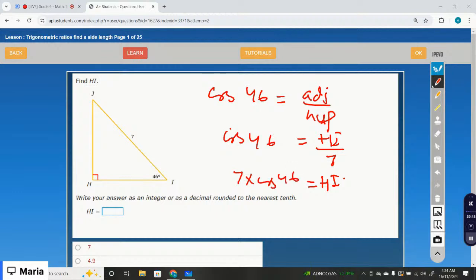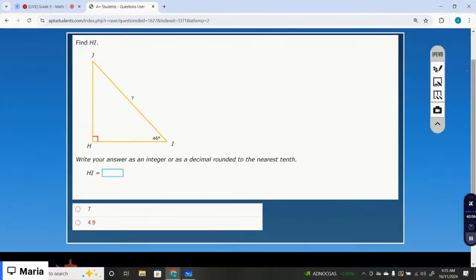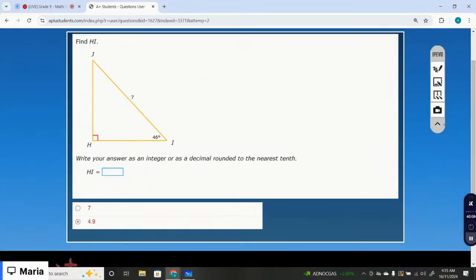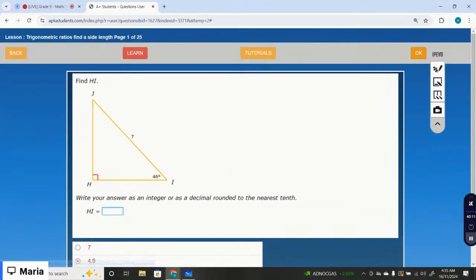And 7 times cos 46 equals, let's just evaluate cos 46. The correct option is 4.9. Option number 2 is the correct option. So that means HI equals 4.9.